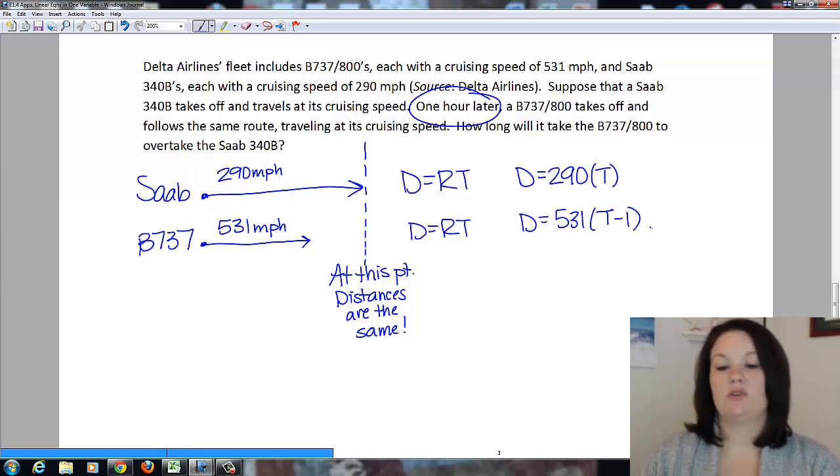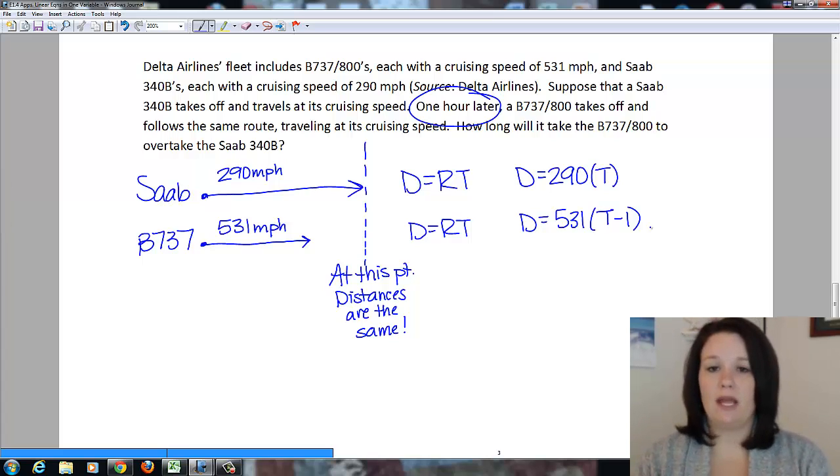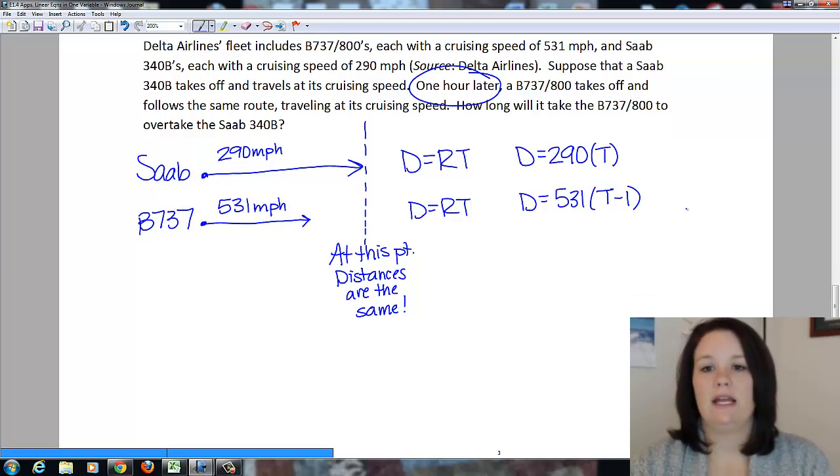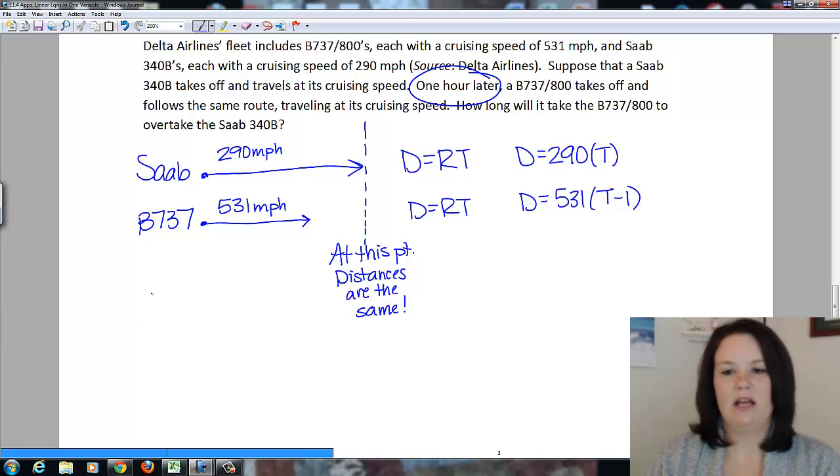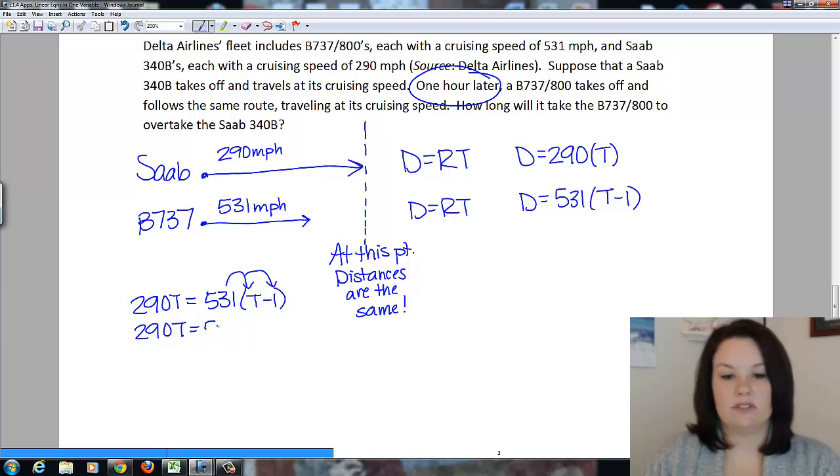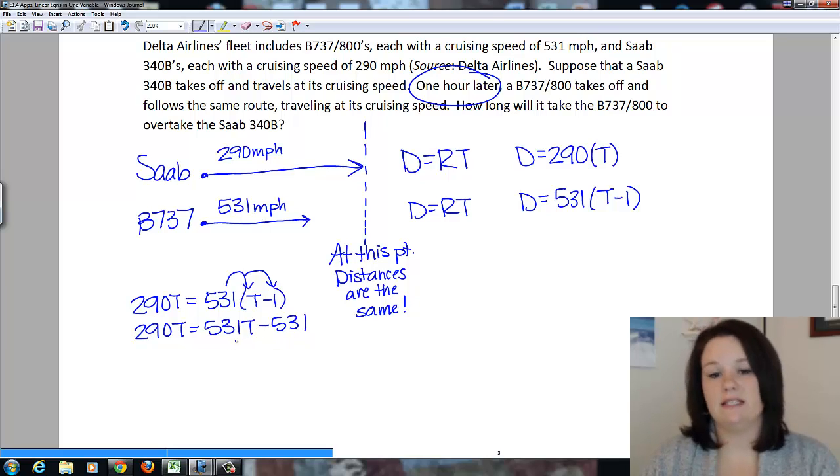So now that I know the distances for the two planes, all I have to do is set those distances equal so I can solve. So I'm going to say 290t is equal to 531 times t minus 1. I'm going to distribute that, so I get 290t is equal to 531t minus 531, and then I solve by getting all my t's on the same side.